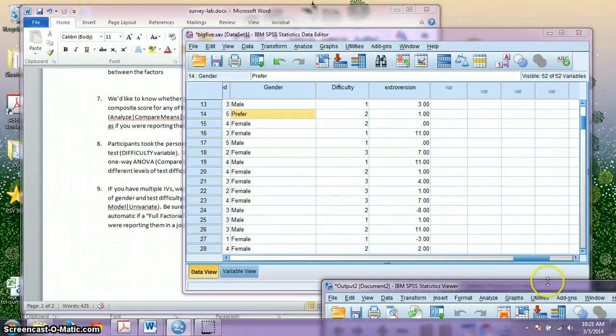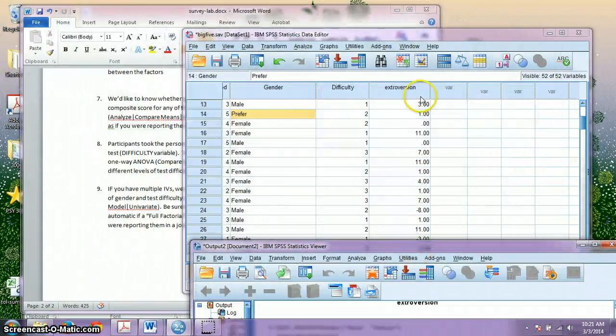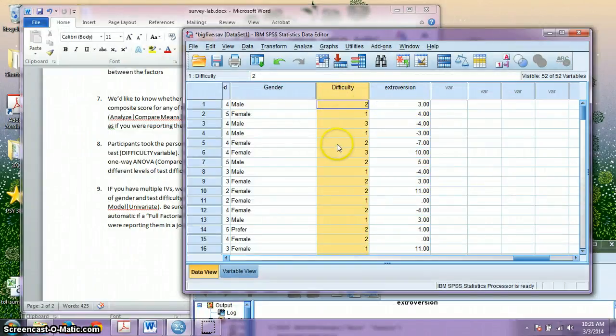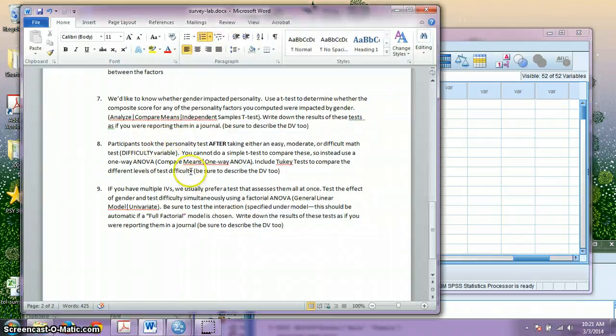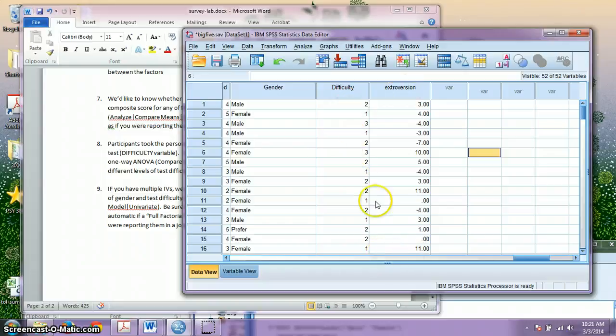There was also this difficulty variable, that before taking this, they did one of three levels of a math test that were easy, moderate, or difficult. And because there's three levels here, we could do three individual t-tests, but that's a little inefficient because you have to do 1 to 2 and 2 to 3 and 1 to 3.